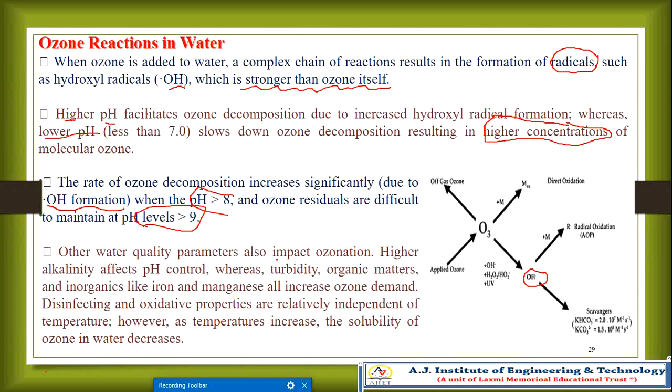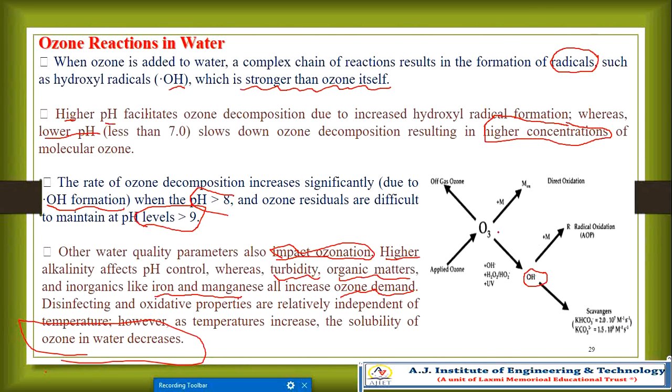Higher alkalinity affects pH control, whereas turbidity, organic matter, and inorganics like iron and manganese all increase ozone demand. The disinfecting and oxidative properties are relatively independent of temperature. However, as temperature increases, the solubility of ozone decreases.